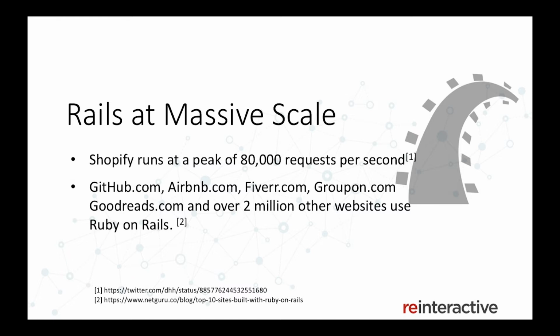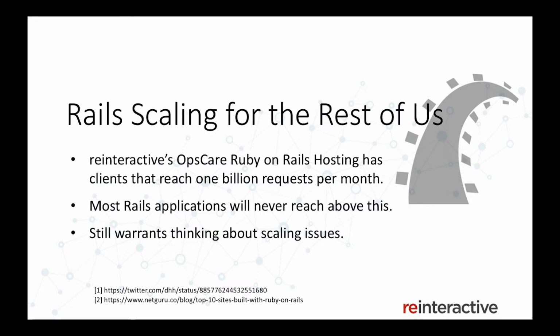They started at Rails 0.5 and now they're at one of the latest versions of Rails, and they've been continually upgrading and expanding it since then. So it's well worth watching that video if you haven't yet. But there is a lot of Rails at very large scale.